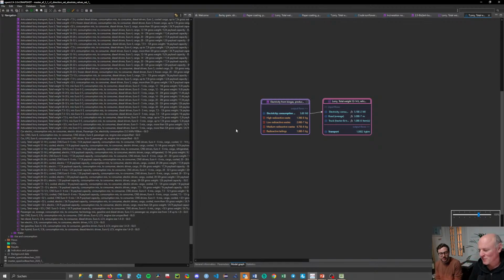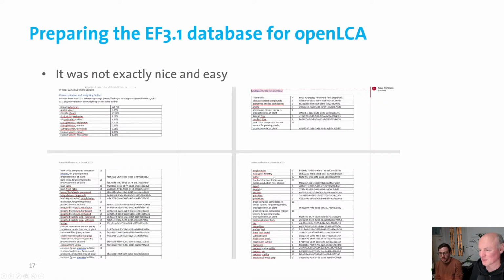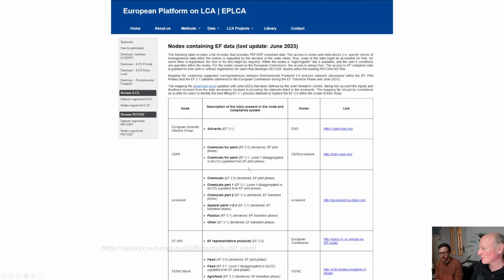Yeah, of course, the owners of these nodes have won these contracts because they have some background in data creation, and of course ecoinvent has this, for example, Sphera has this, and so on, and then industry associations or Blonk also has this.